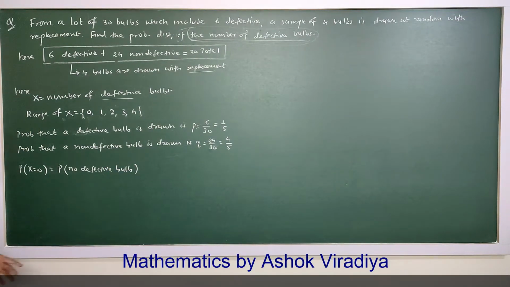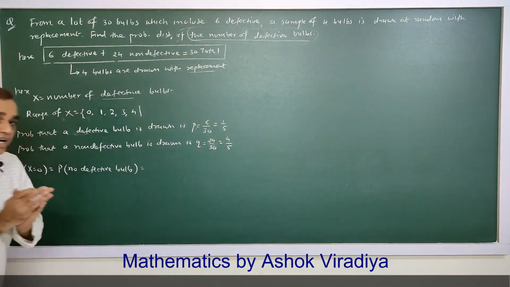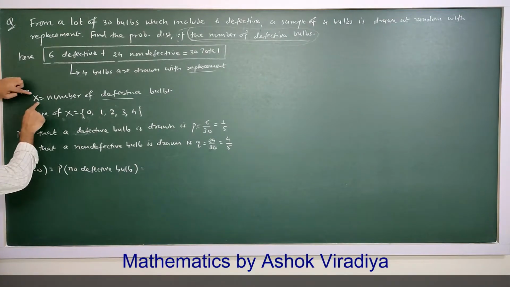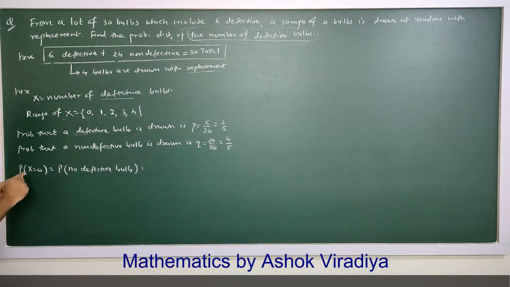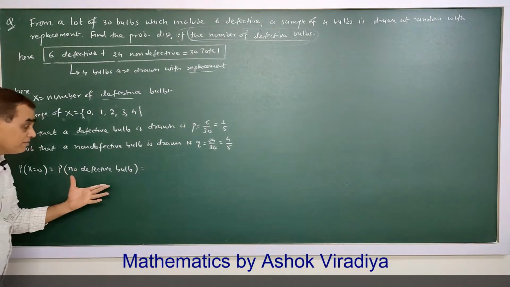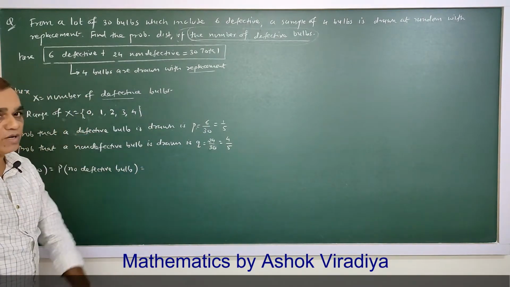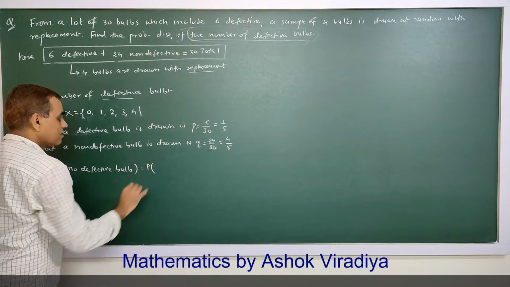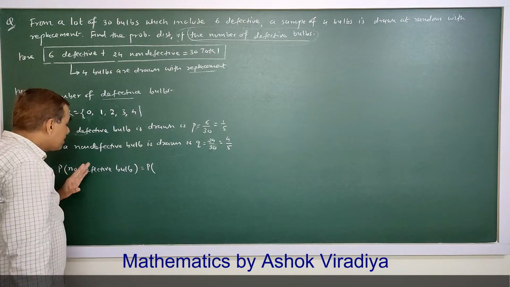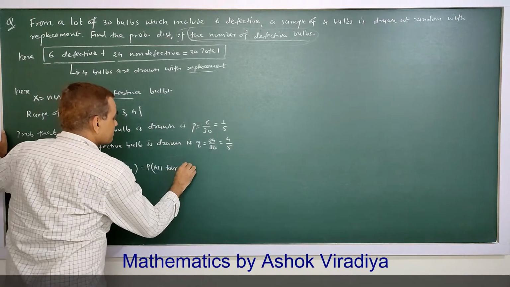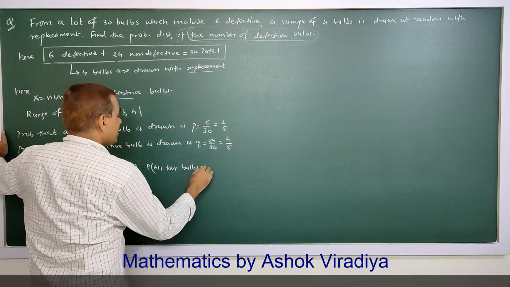No defective bulb is drawn, that is, all are non-defective bulbs. So 0 defective bulbs means all are non-defective. So the probability that all 4 bulbs are non-defective.